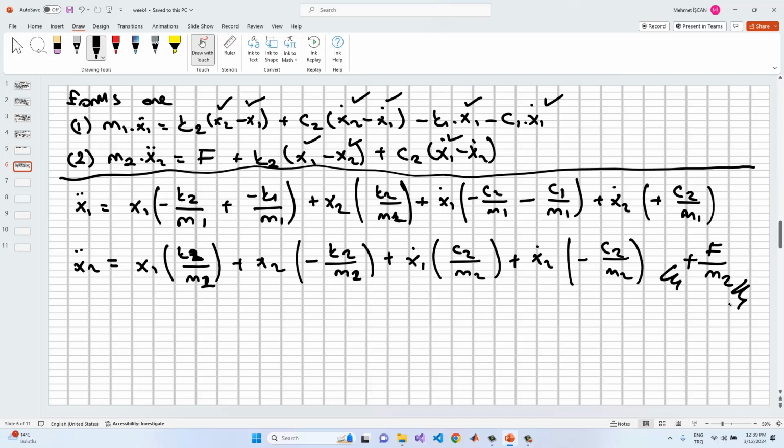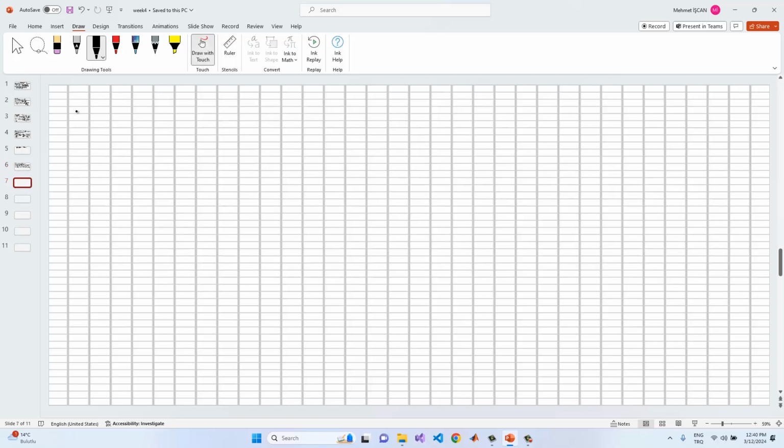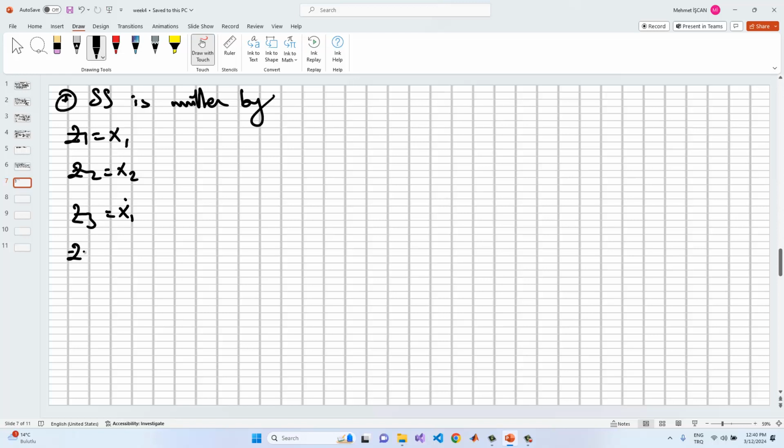These two equations are the dynamic equations, or the time response equations, of our system. These are the equations of motion. After that, we should introduce the dummy variables for writing the state space: Z1 is equal to x1, Z2 is equal to x2, and Z3 is equal to x1 dot, Z4 is equal to x2 dot, right?